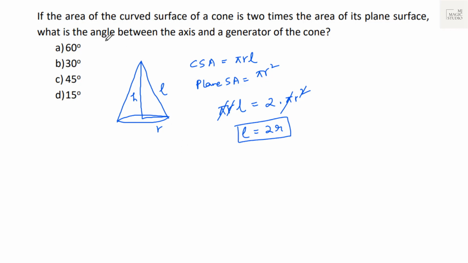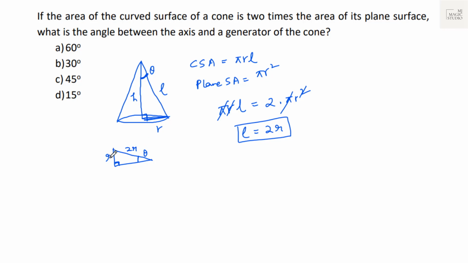What is the angle between the axis and the generator of the cone? We are looking out for this angle theta. This is the right angle triangle. This angle we are looking out for is theta. This is L. L is equals to 2r.